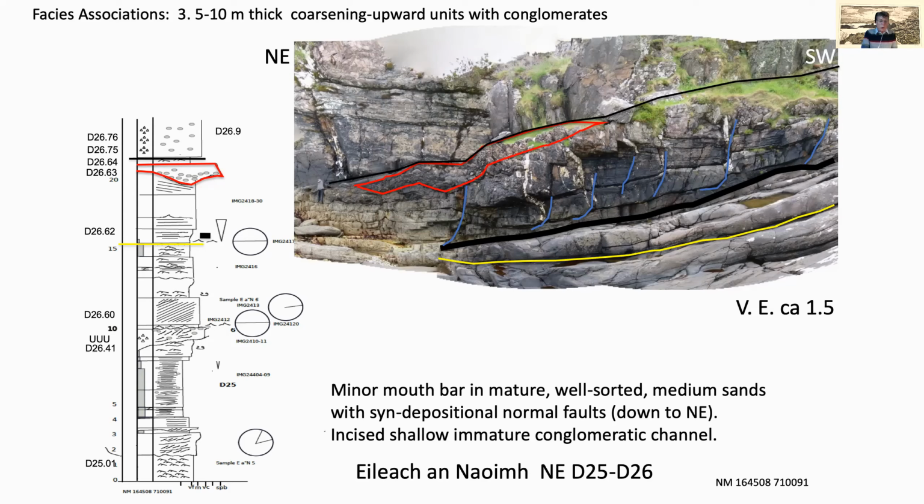And this coarsening upward sequence passes up into a conglomerate lens, which is outlined in red. So here we've got a minor channel, which is carrying conglomerate, which is prograding over its own mouth bar, which has got syndepositional normal faulting as it moves into the basin. And that sliding or slumping of the minor delta front is typical, particularly of the lower facies, the dolomitic siltstones, as we saw in the pictures of the laminites.